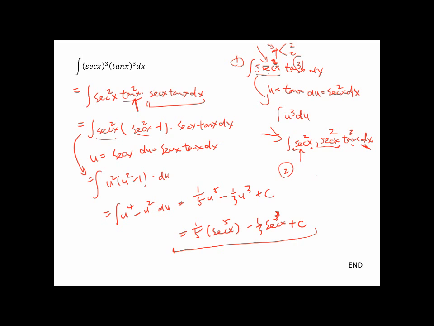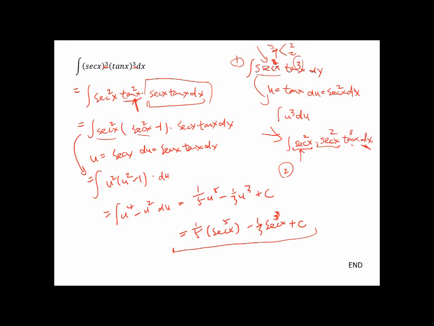The second problem type is when both are odd numbers, which means the powers of both secant and tangent are odd. What you want to do is separate out one secant and one tangent with the dx.